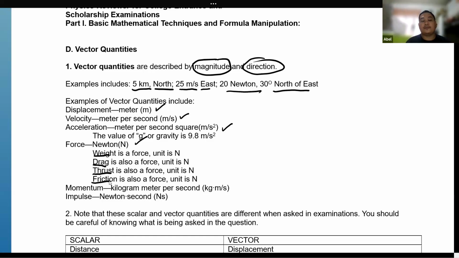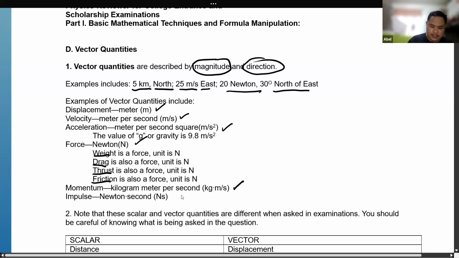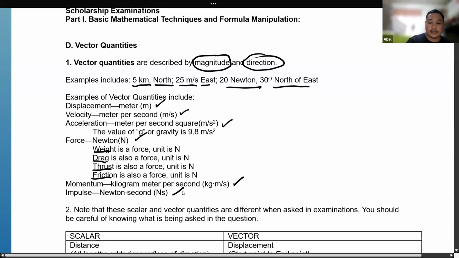You don't need to study well about the calculations of this right now, simply because we're still going to tackle that on the next topic of forces. So as of now, I just want to emphasize that you might encounter weight, drag, thrust, friction. All of these are forces. Now, for momentum, we have kilogram meters per second, and for the impulse, we have Newton seconds. And again, we're going to tackle this on the next topic or in the next video.